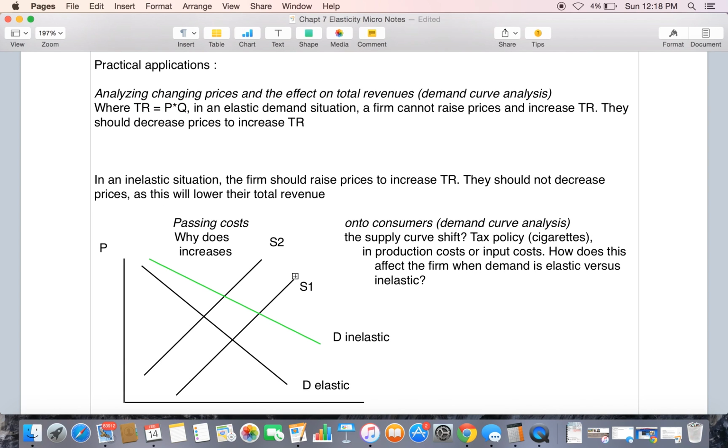Why is this? For an elastic curve, the percentage change in quantity demanded is always going to be greater than the percentage change in price.